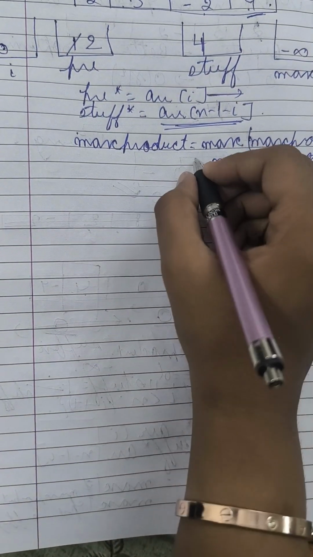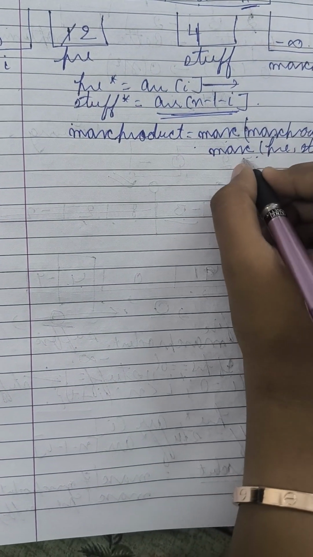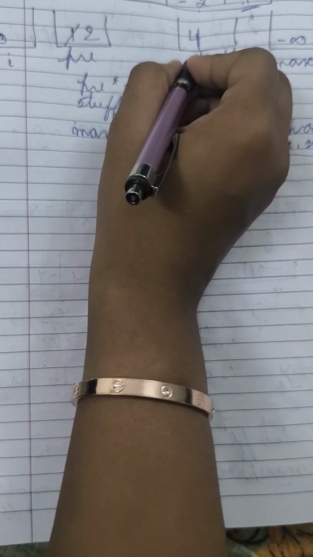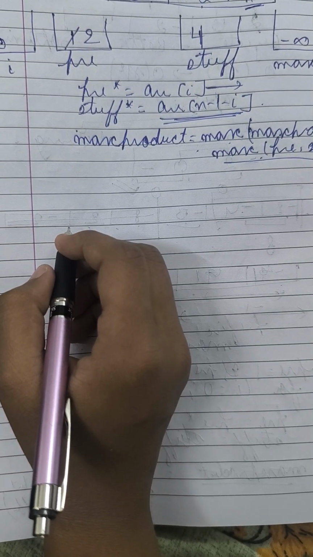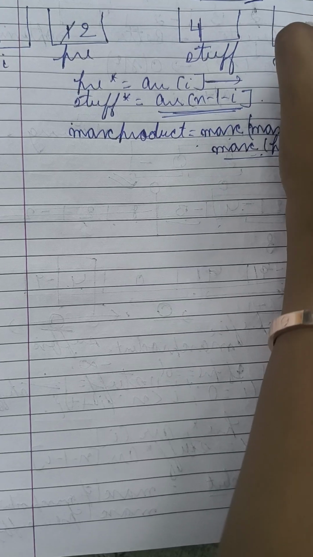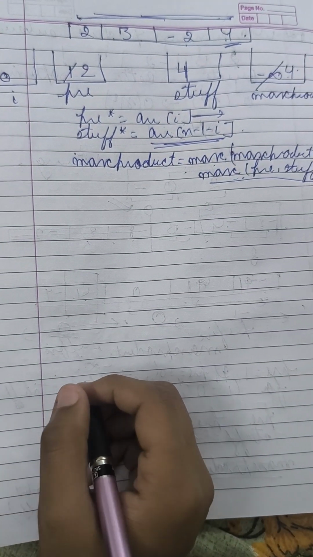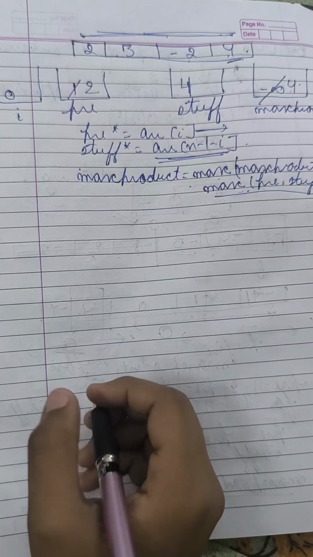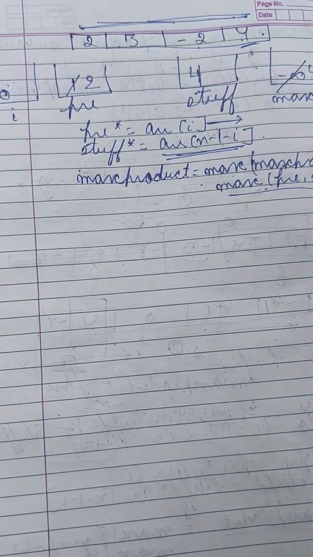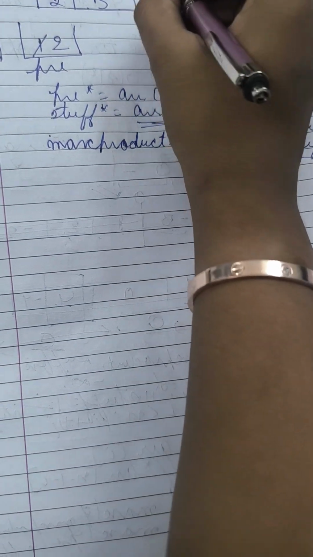Now the max product is going to be the maximum of max product and the max of pre and suff. First of all, what is the maximum of pre and suff here? The maximum is 4, and the maximum of minus infinity and 4 is 4. So here 4 got stored. Now moving towards the next element, you see what we are trying to do: we are trying to store the value from forward and also from backward.